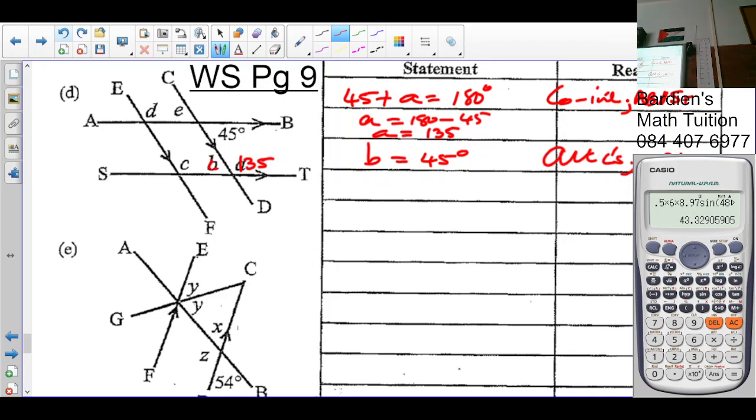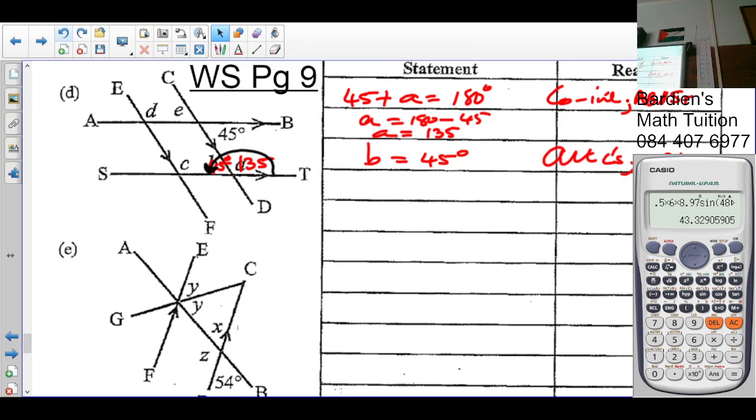Now what? How else could I have calculated B? Would I not have gone with angles on a straight line? Not so?